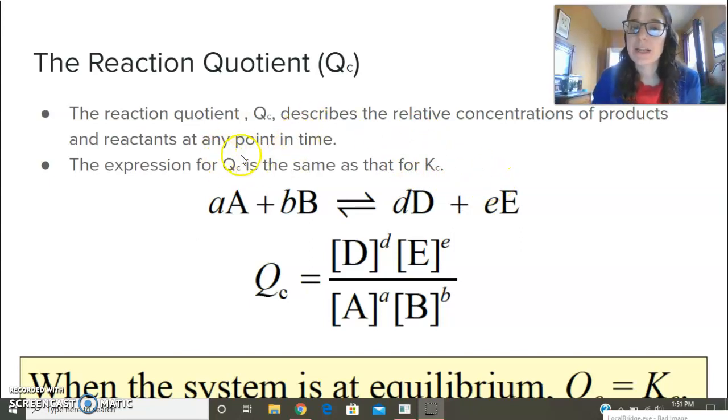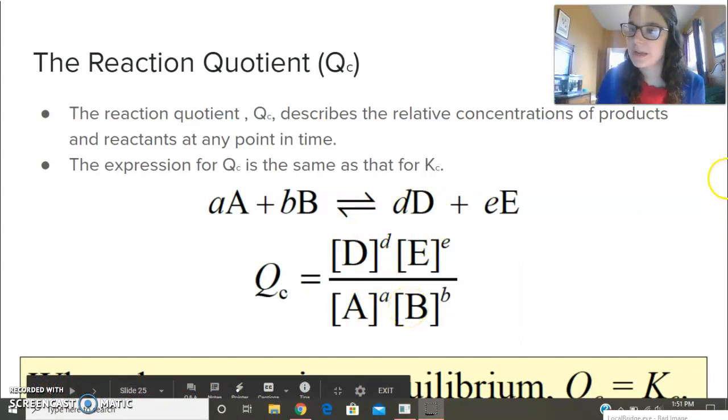The reaction quotient, anything with a Q, can occur at any moment in time, before equilibrium, past equilibrium, things like that. The expression is going to end up being the same. It's just that the numbers that go in here would potentially be different than they would be at equilibrium.